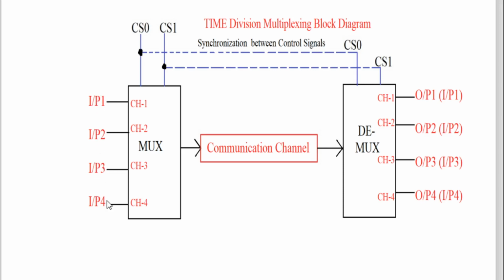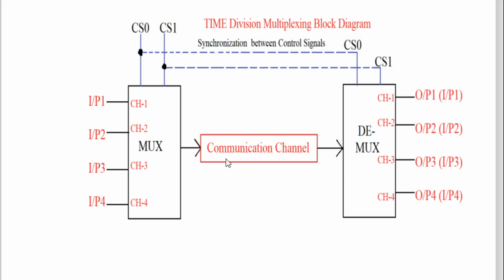Therefore, if I want to pass all four information signals on this communication channel, the requirement will be 16 kilohertz, but I don't have 16 kilohertz bandwidth. I have only 4 kilohertz bandwidth, and therefore time division multiplexing logic is used.